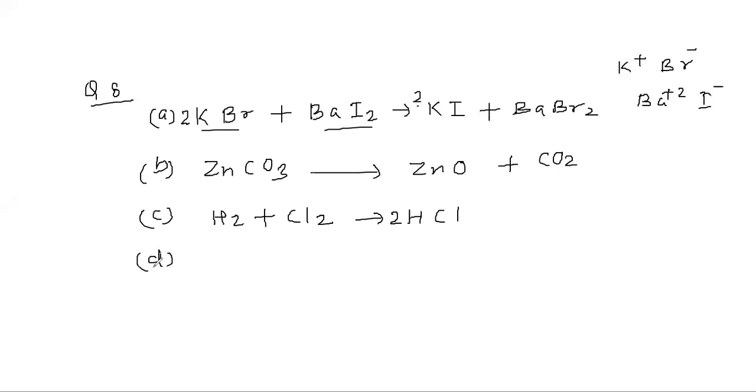Now, D part, magnesium, Mg, plus HCl. States I have not written, like Mg is solid, HCl is liquid. So here, not liquid, but aqueous solution. So it gives magnesium chloride, MgCl2, which is aqueous.